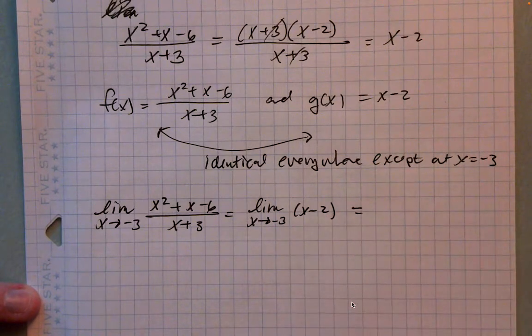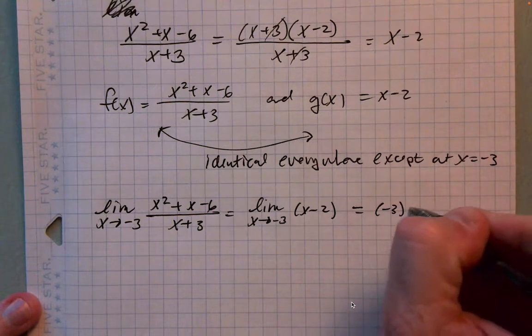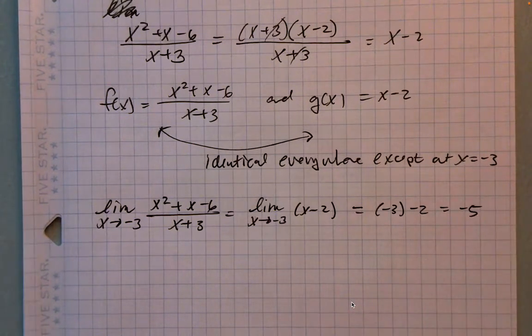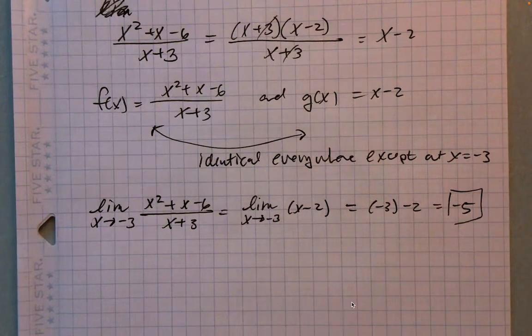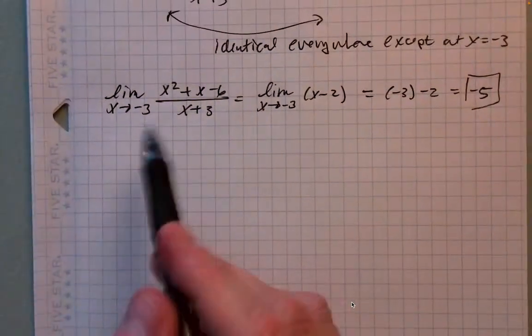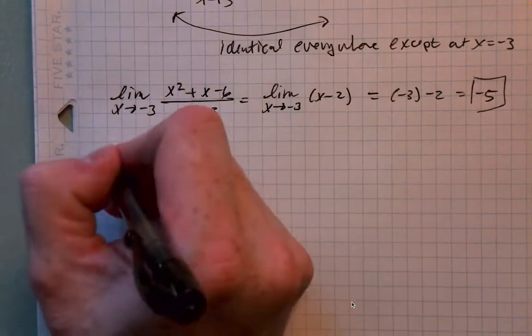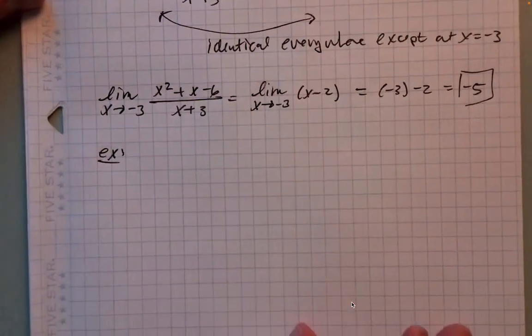And that one we can just simply plug in. It's straightforward, and we get -5, right? So another application of that very useful theorem. This is an extremely useful theorem, so that's why we're pushing on it a little bit more. We'll do one more example with it.